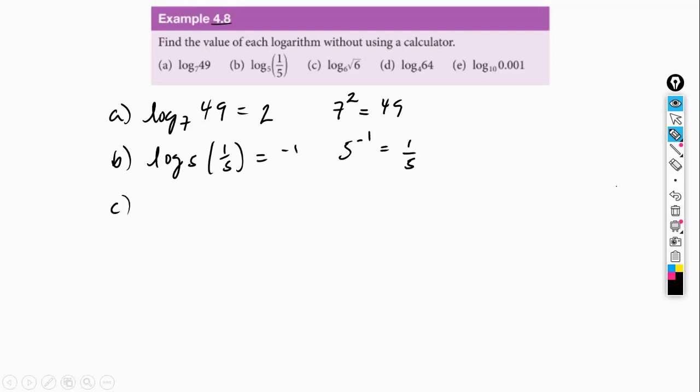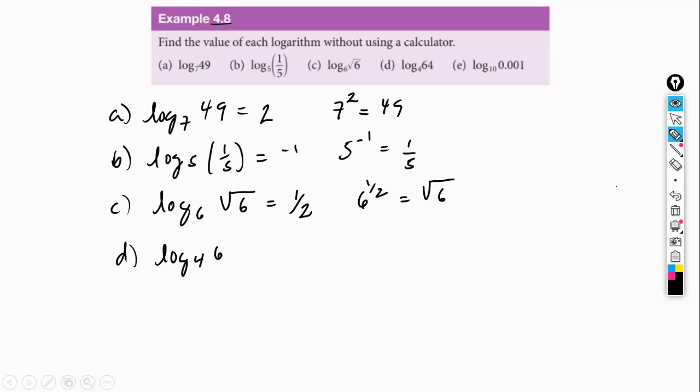For C, we have log base 6 of the square root of 6. So we know that this is 1/2 because 6 to the power of 1/2 is the same as saying square root of 6. For D, we have log base 4 of 64. And this equals 3 because 4 to the power of 3 is 64.